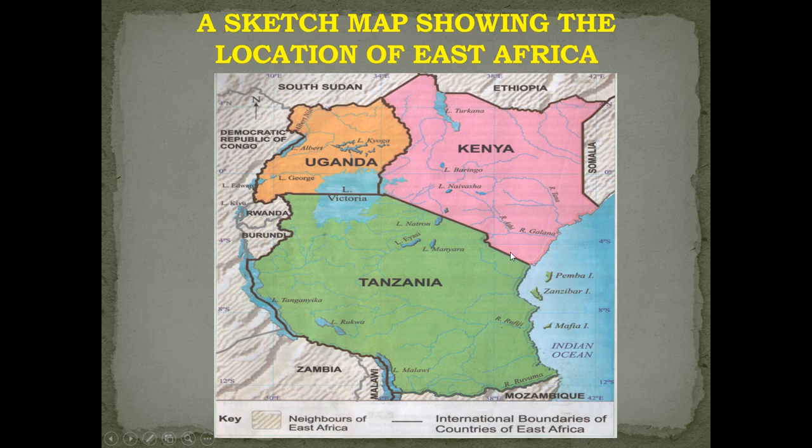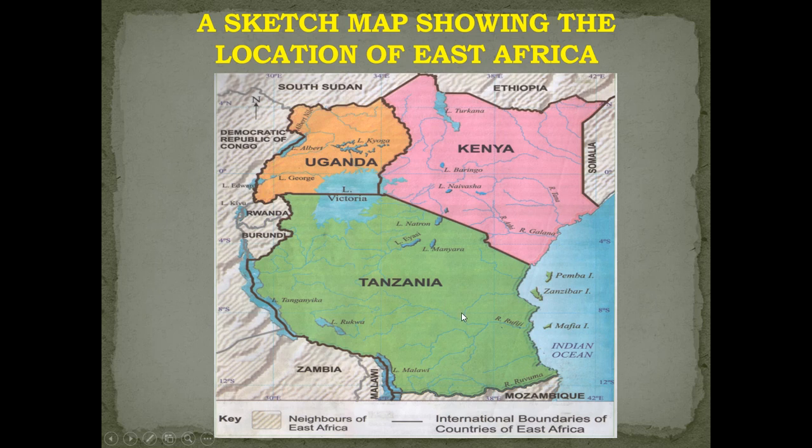So we have not included them as the East African countries because they are part of Tanzania. That is why when you look at the color of the shading, the color shaded for Tanzania is the color shaded for the three islands. So they are part of Tanzania and they are part of East Africa.